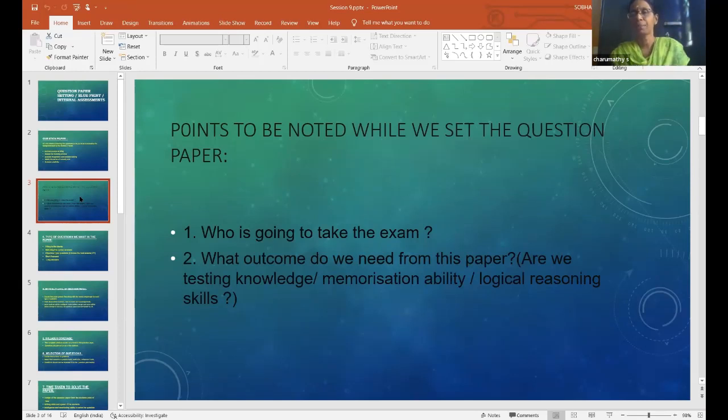Why is that? If it is too few, the children will finish the paper very easily and before the stipulated time. If it is a 2-hour paper and the child finishes it in 1 hour, it means it is too easy. And suppose it is a 2-hour paper and the majority of children are not able to finish it, that means the paper is lengthy.